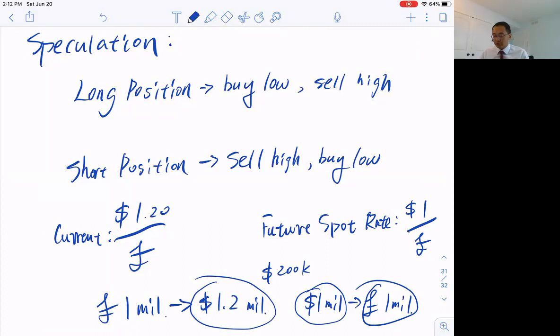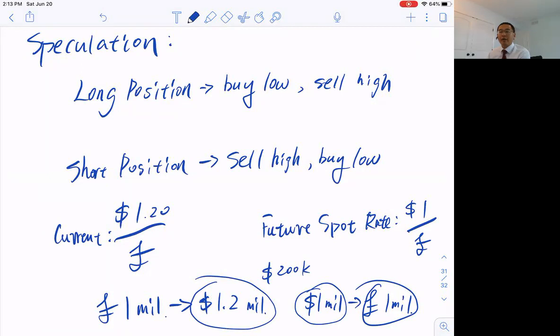Okay, so if you expect a currency to depreciate, you can always hold a short position by selling high and buying low later, but you don't use your own resources, right? You borrow the foreign currency from somebody else. And similarly, you can hold a short position in the stock market, where you go to a broker, borrow their stocks when you think the stock is going to crash, right?